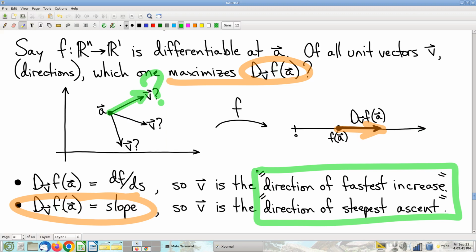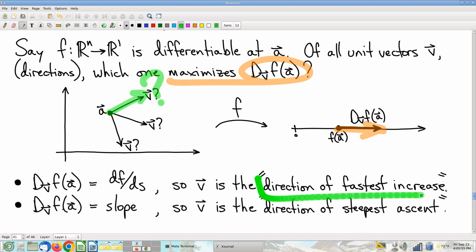Now, I have a personal preference between these two. It's not a big deal. I'm not going to make a big thing out of this. But I prefer to call it direction of fastest increase. The reason why is because this does not depend on the perspective that you're taking.